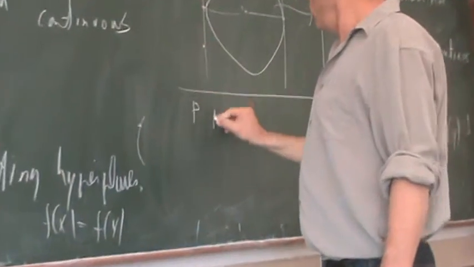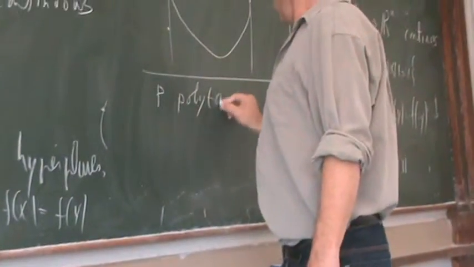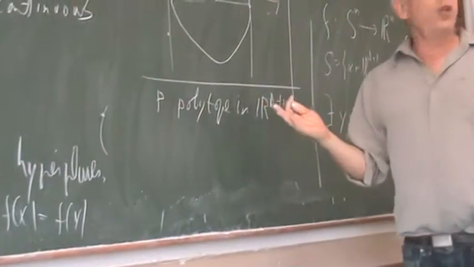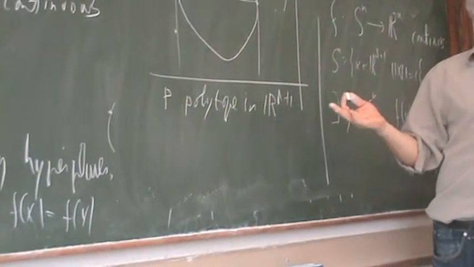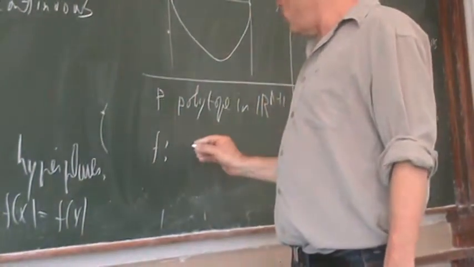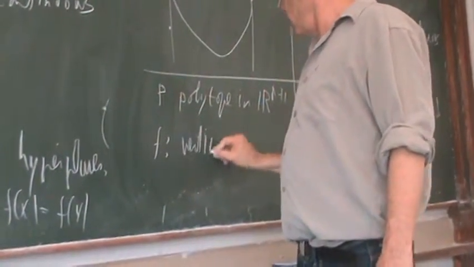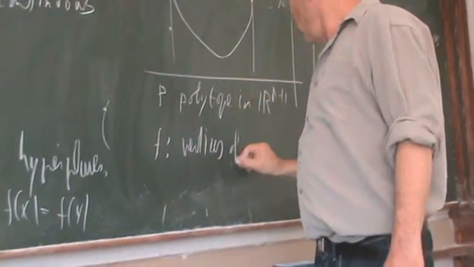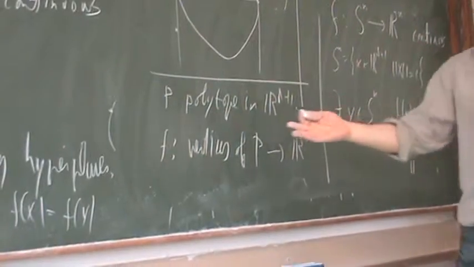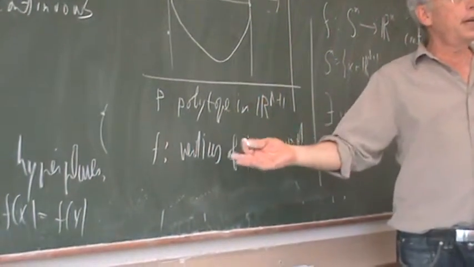If P is a polytope in R^(d+1), so a polytope is the convex hull of a finite set of points, and f is a function from the vertices of P to R^d, and now there's no point to talk about continuity because this is a discrete set.